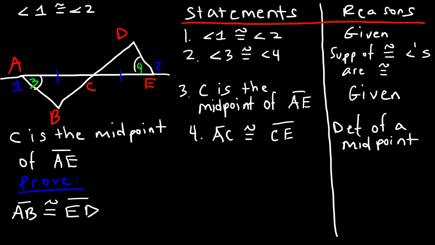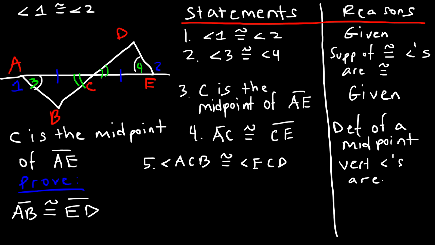Now the last thing we could do is prove that these angles are congruent. So in step 5, we could say that angle ACB is congruent to angle ECD. And the reason, vertical angles are congruent.